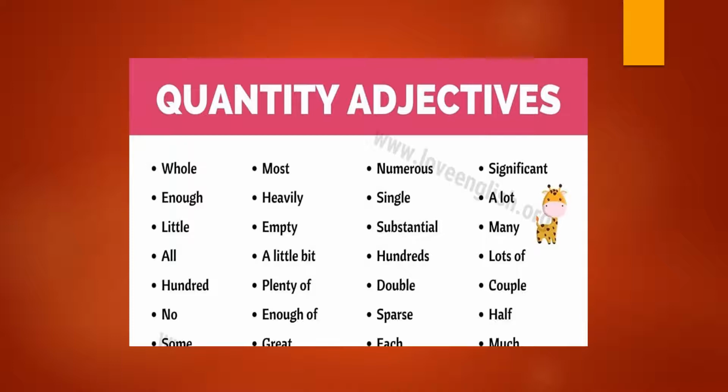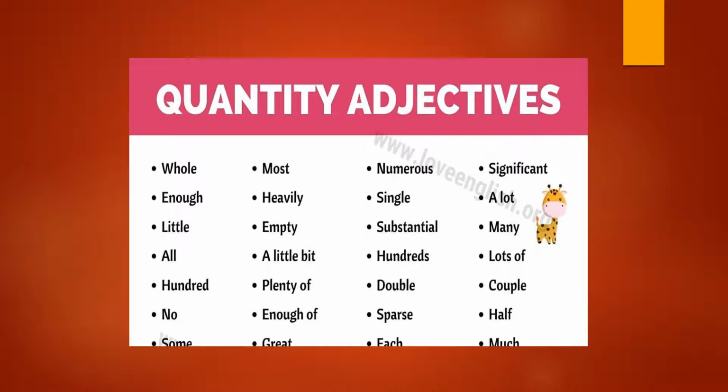Now take some other examples. She was not telling the whole truth. Allow sufficient time to get there. She gave a little laugh. I do not have much money with me. In these sentences, whole, sufficient, little and much are adjectives of quantity.